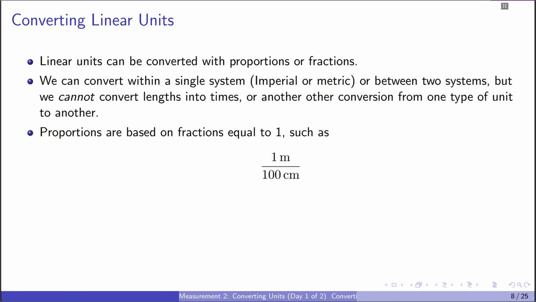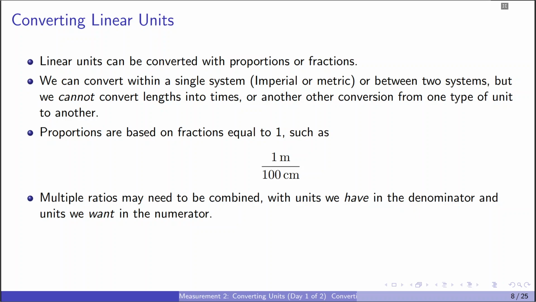Proportions are based on fractions equal to 1. So if 1 meter is made of 100 centimeters, then 1 meter divided by 100 centimeters is equal to 1. They can cancel. But it's more convenient to write it this way and cancel out the bits we don't want.